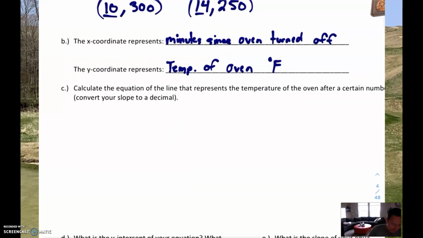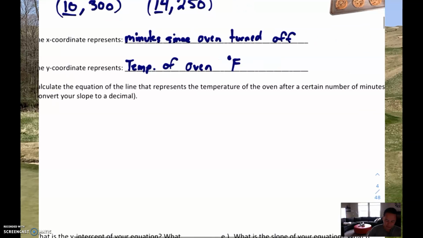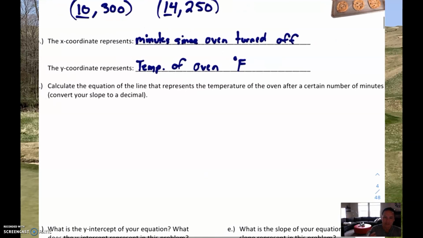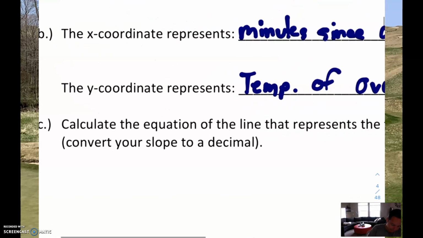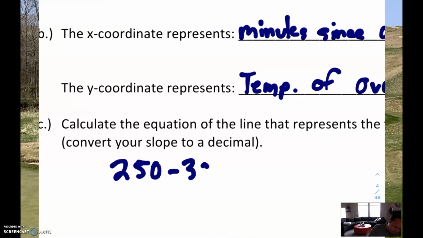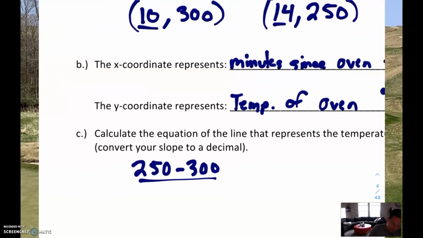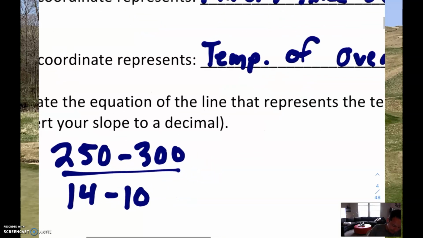Part C says calculate the equation of the line that represents the temperature of the oven after a certain number of minutes. So this is just saying find the equation of that line. So we're going to start with y2 minus y1. That's going to be 250 subtract 300 over x2 minus x1, which is 14 minus 10.